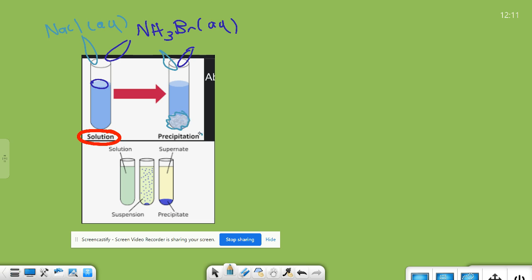That's called a precipitation. We're going to talk about that. Precipitation is a kind of heterogeneous mixture where you can tell the difference.